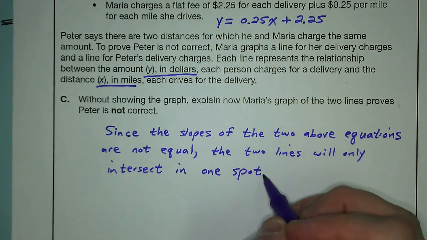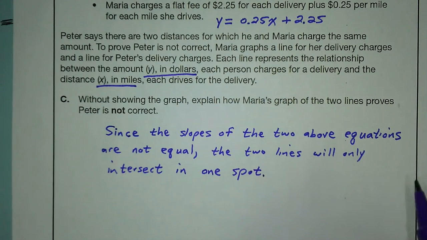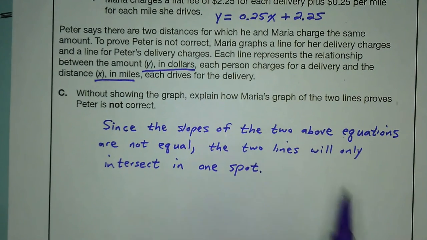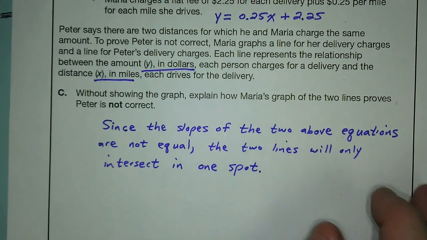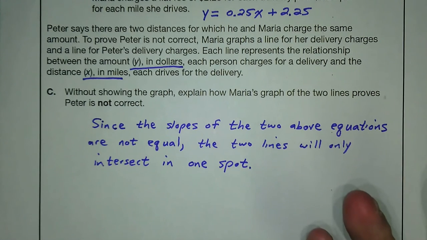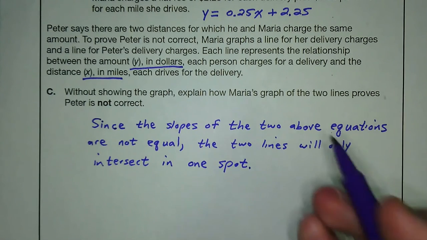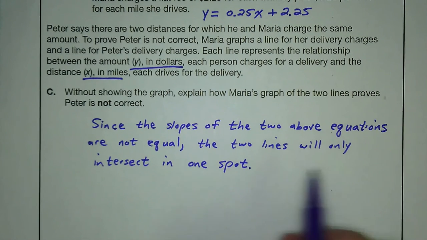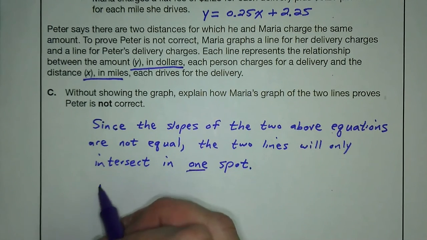Again, I don't know what the best explanation here is, but the bottom line is these two lines are only going to intersect. They're going to have one point of intersection. Will only intersect in one spot.